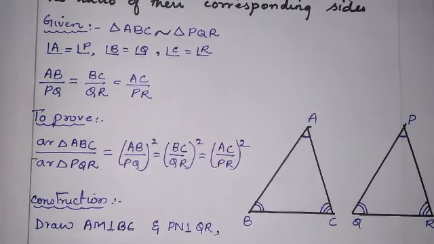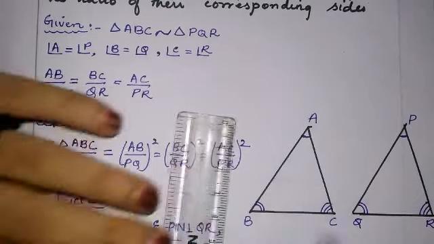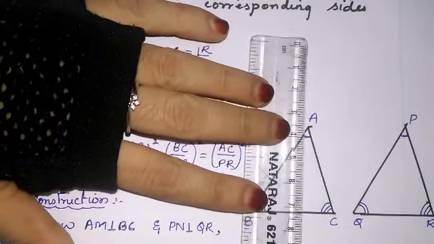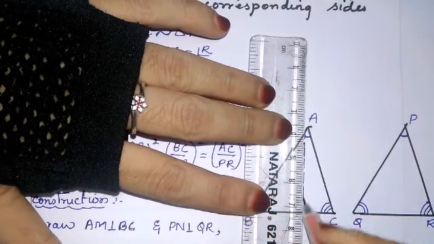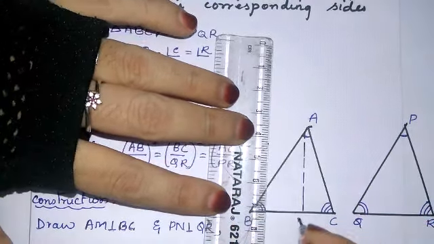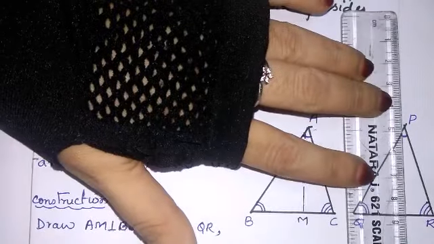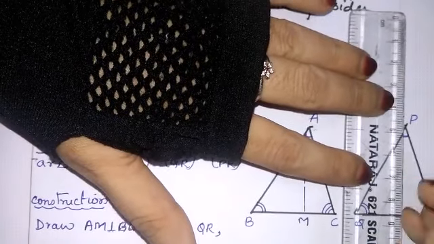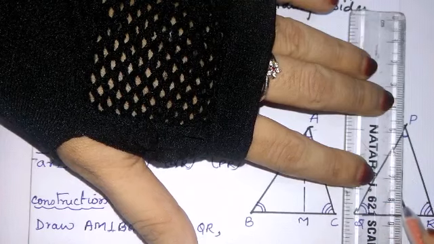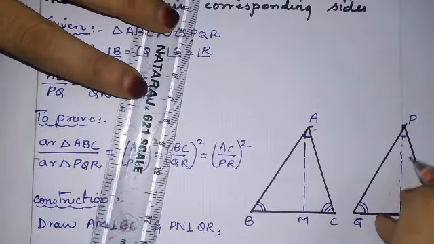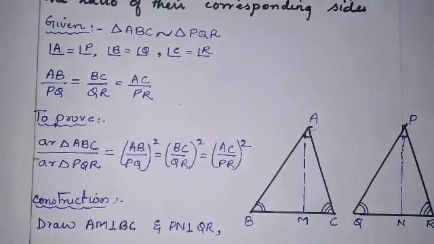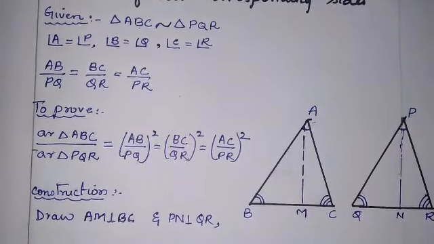Let us draw two perpendiculars in these two triangles. One is AM perpendicular to BC, then PN perpendicular to QR. Okay, two perpendiculars we have drawn. That is a very important step.